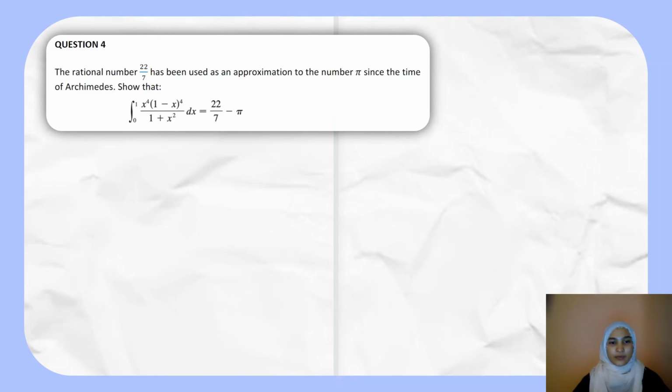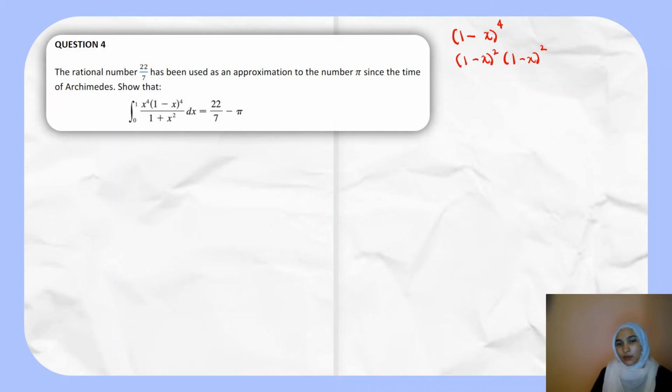First thing first is we have to expand the bracket right here. So it will be written like this: 1 minus x to the power of 4. It also can be written as 1 minus x squared, 1 minus x squared.